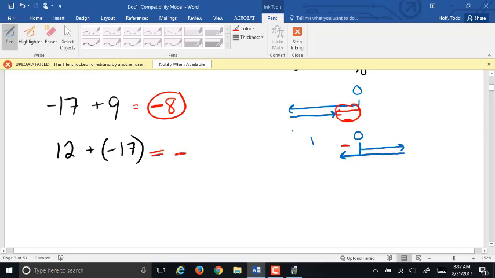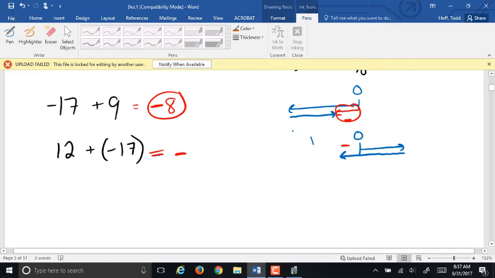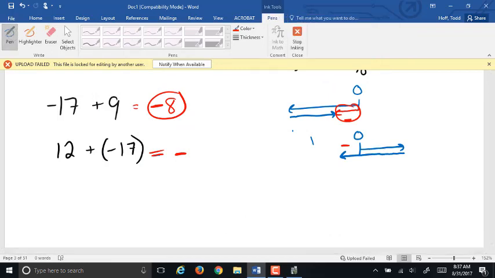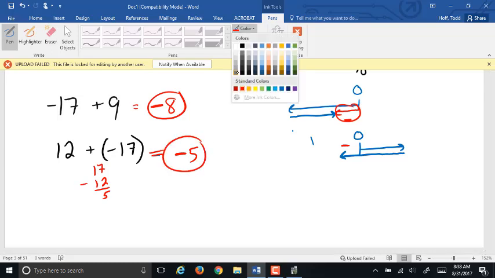So our answer is negative. Once again, the arrows for the vectors go in opposite directions, so we know that the values work against each other. It's the difference between their values. What's the difference between 12 and 17? 5. Of course, if you didn't know that, it would be 17 minus 12, the bigger magnitude minus the smaller magnitude, right? That gives us the 5. That result is a negative 5.